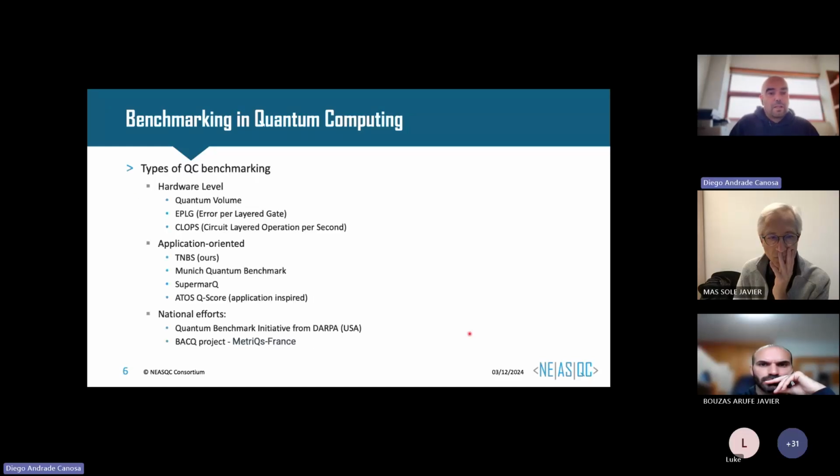So the topic of benchmarking in quantum computing is a very active topic of research, where there are two main families of approaches. Some of them operate at the hardware level, and here are especially relevant all the contributions from IBM, like all the work related to the quantum volume concept, and also more recent metrics such as error per layered gate or circuit layer operations per second.